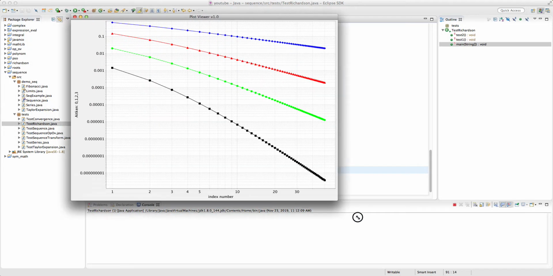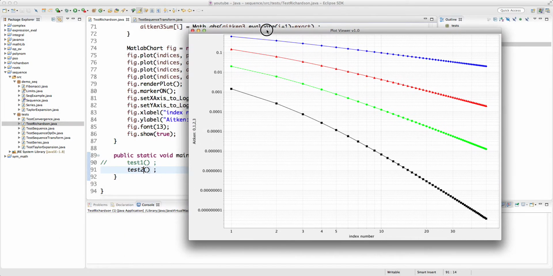Wow, look at that. Here is the original sequence, which gives us about 1 decimal place of accuracy. The first order Richardson gives us at least 2 decimal places of accuracy. The second order Richardson gives us 4 to 5 decimal places of accuracy.